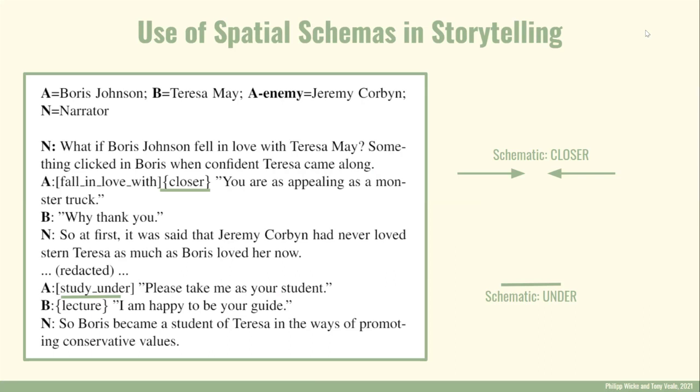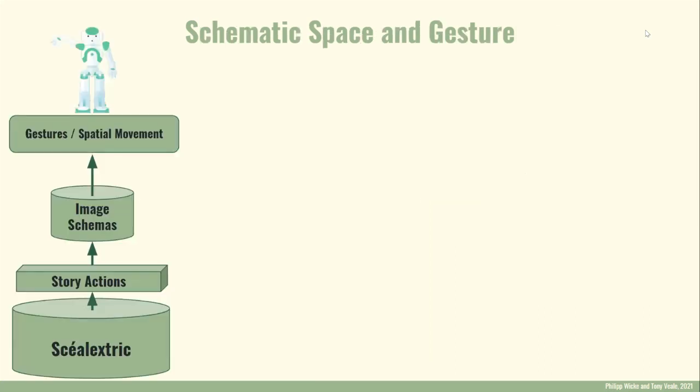So this is basically the schematic view of the approach. On the bottom layer, we have our storytelling system from which we can retrieve our story actions. Those can then be linked to image schemas. And from those, we can derive appropriate, coherent gestures and coherent spatial movement.